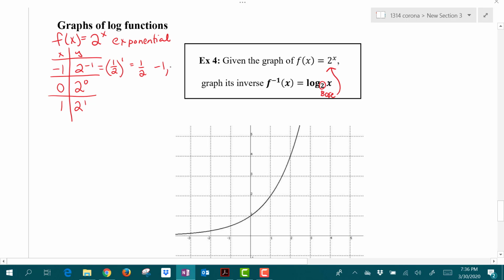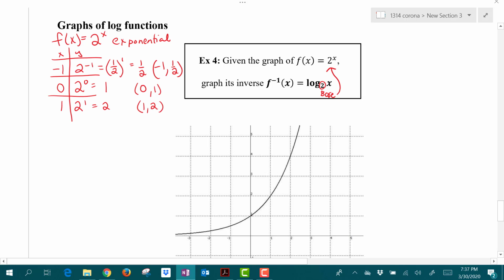So I get the point -1, 1/2. 2 to the 0 power is 1, so we get the point 0, 1. 2 to the +1 power is 2, so I get 1, 2.